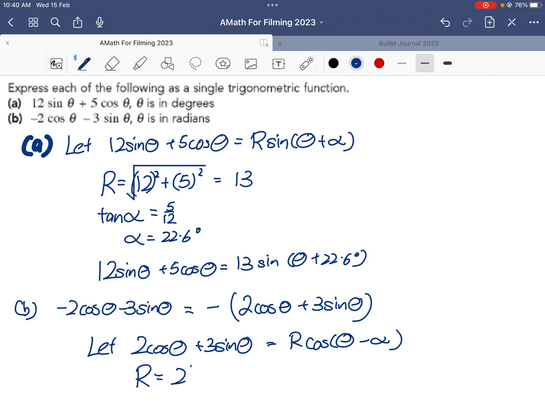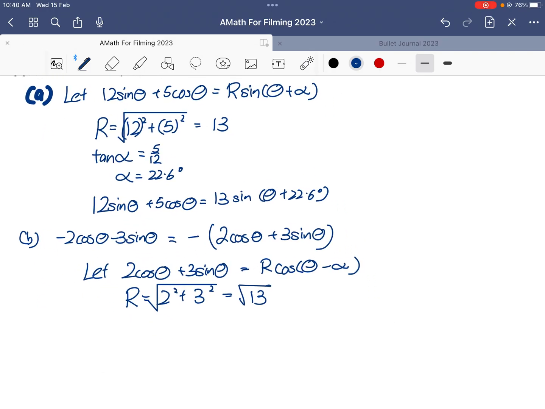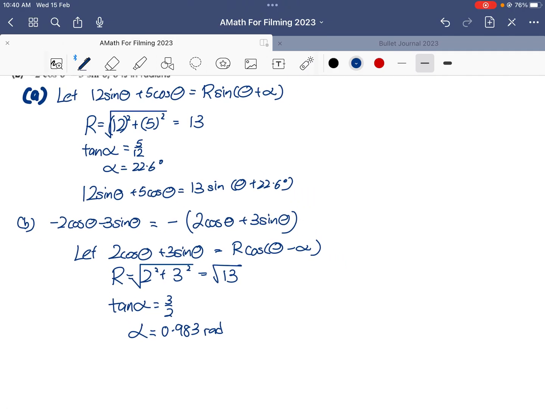Again, the R is 2 squared plus 3 squared. I square root this. My R value gives me square root of 13. Then alpha. Tangent alpha, second value over first value, is 3 over 2. So alpha itself will give me 0.983 radians. This question they actually asked you in radians.